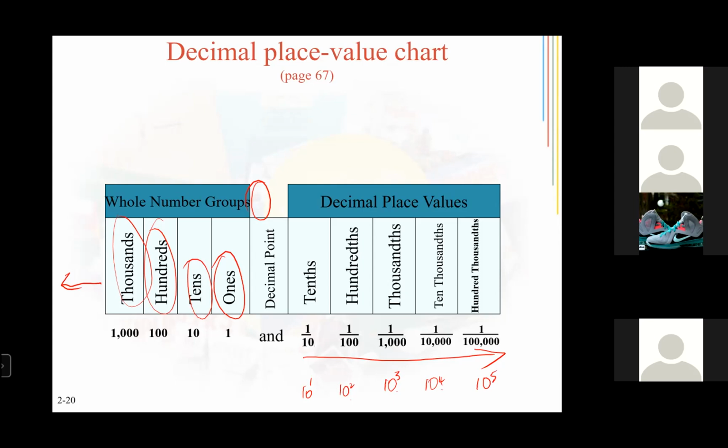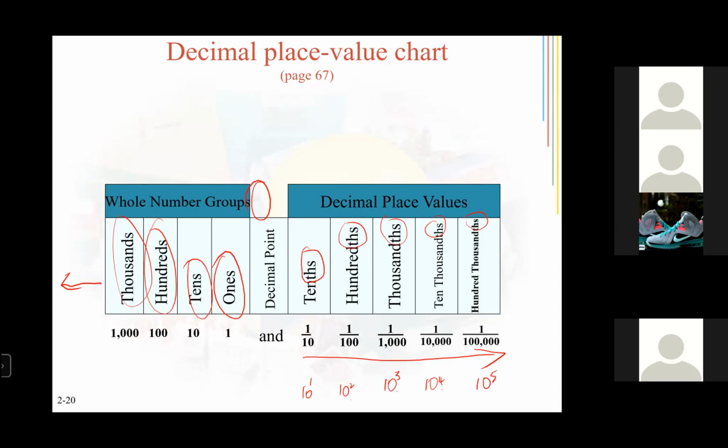So all of these numbers to the right of the decimal point are fractions. When you pronounce them, remember they end in th. So the first place is the tenths place, hundredths, thousandths, ten-thousandths, hundred-thousandths, and so on.